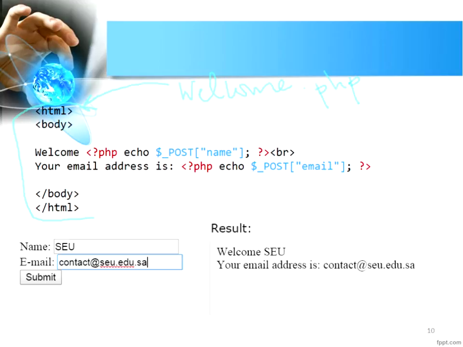So here I write body welcome. After that, this is PHP code, and I write echo. Echo is like print. This is a predefined function, echo, like a print. After that, I write $_POST name. What's the meaning of this code? $_POST name.